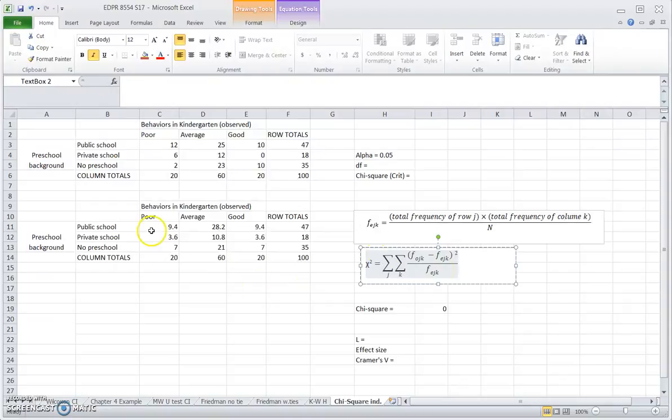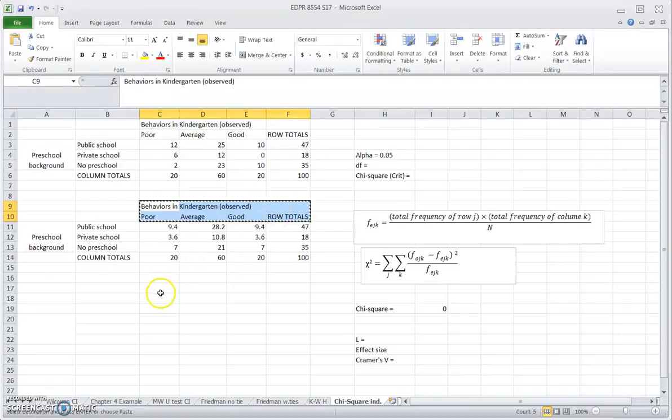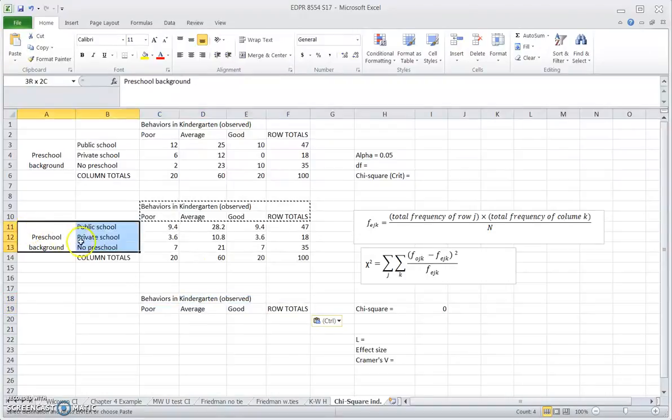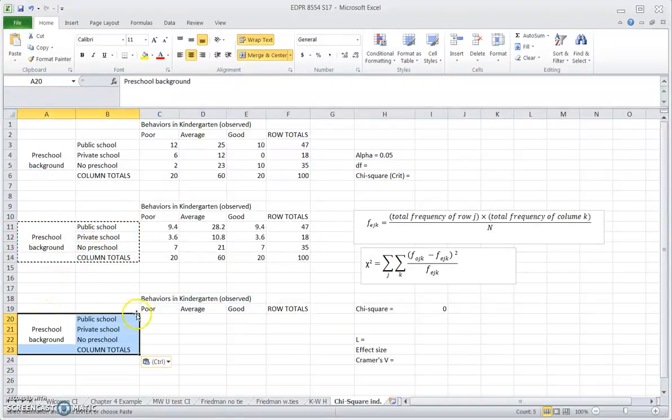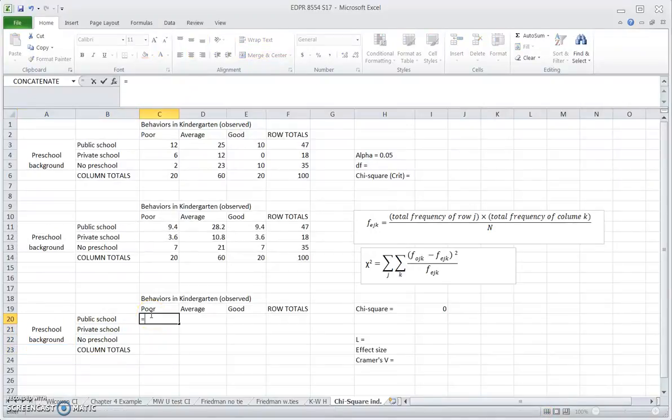I have another step to simplify my calculation. I just copy the table structure again. And this time, I find for each cell the difference between the observed and the expected frequencies.